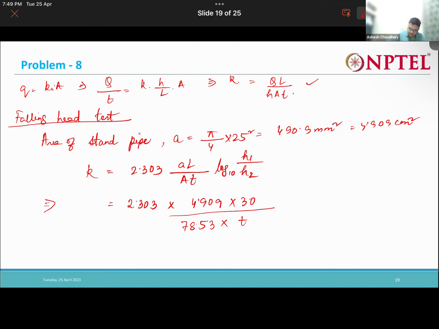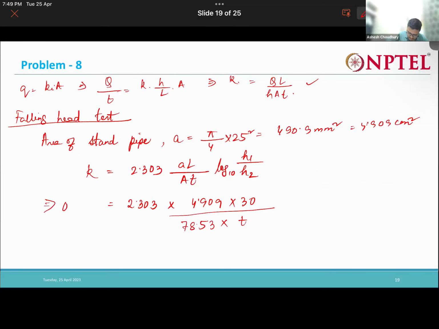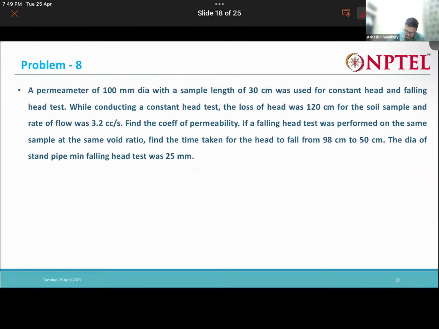Okay. And k is how much? You calculated 0.0102. Okay, from here let us get this t. Log h1 by h2. What is h1? It's given 98 to 50.